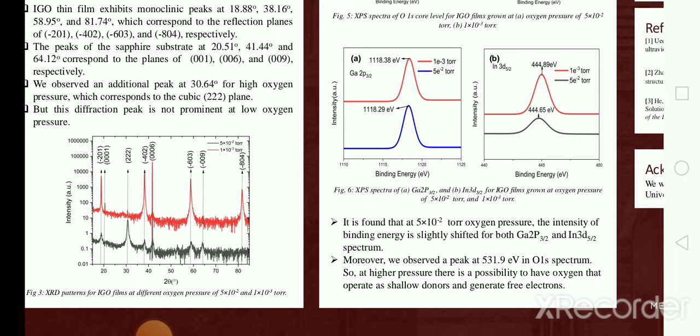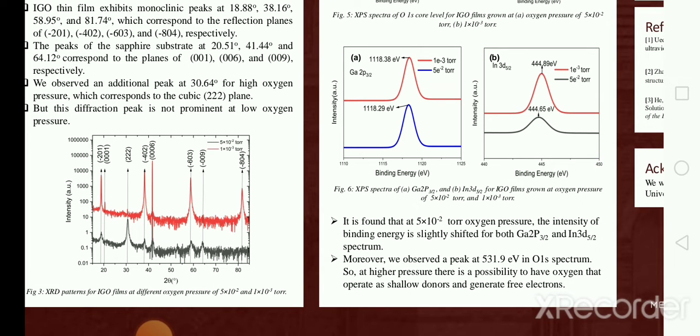Figure 6. We also derive the spectra of gallium 2p and indium 3d. We found that at high oxygen pressure of 5 × 10⁻² torr, the binding energy is slightly shifted for the gallium 2p and indium 3d spectra.